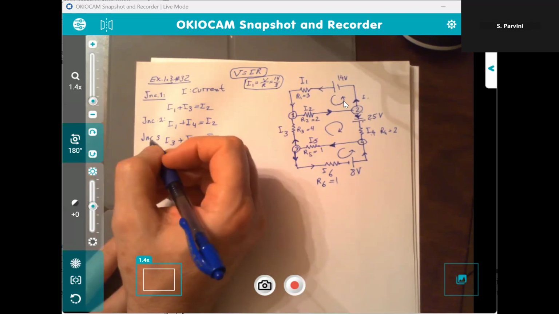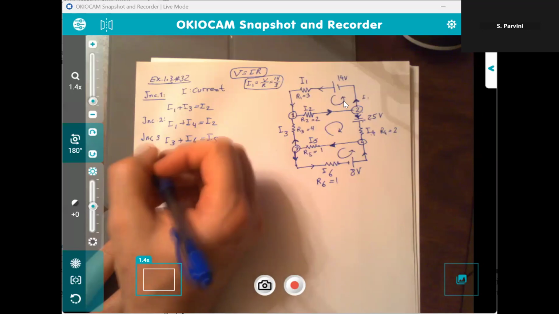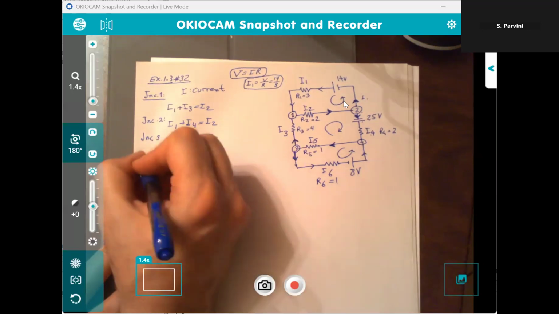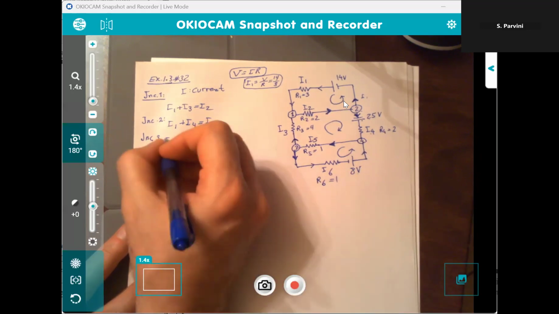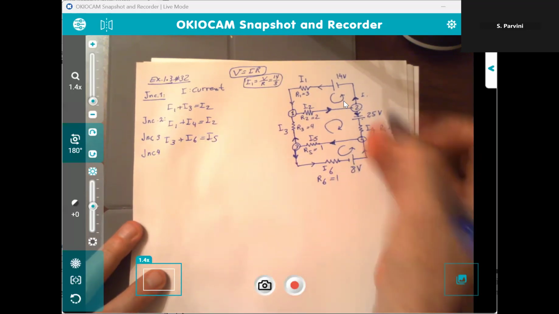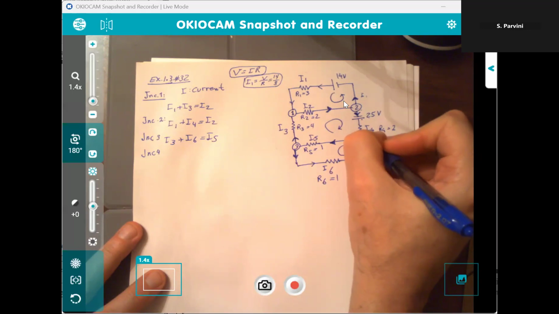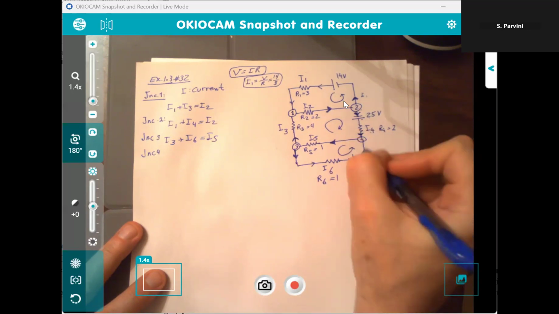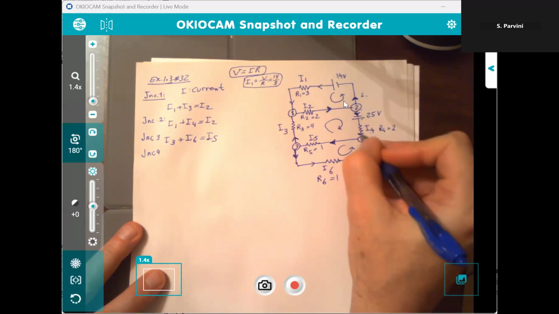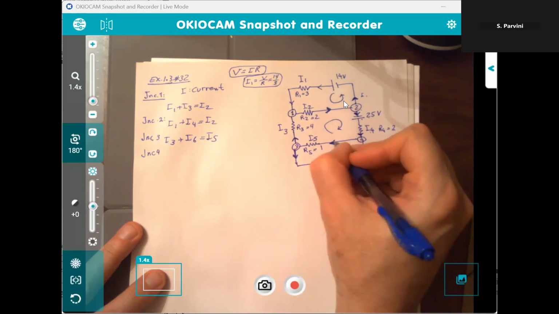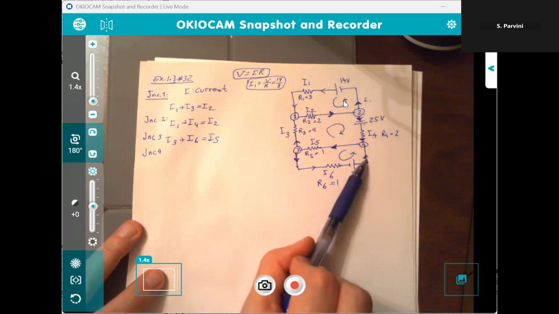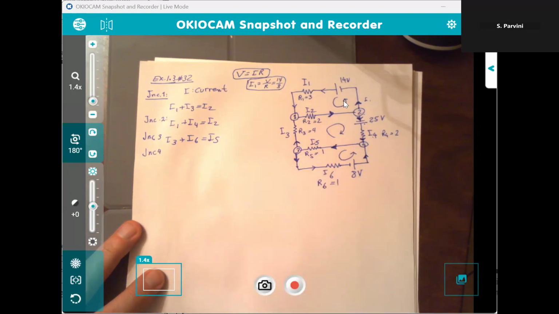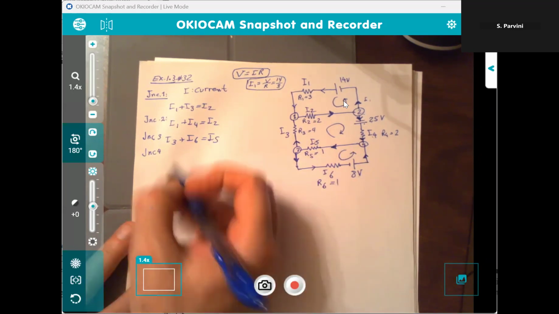And junction 4, the last junction, again flowing in and out.